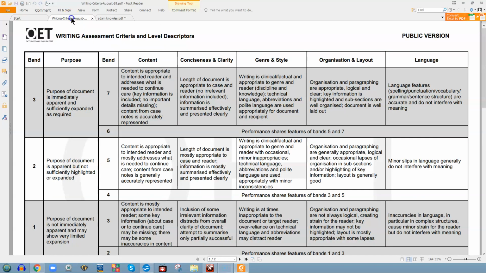Okay, now why is that important? Because your purpose must be immediately apparent and expanded over the course of the letter. The audience, content appropriate to the reader. So if it's a gastroenterologist, you don't talk about asthma or fungal feet or something such as that, okay?